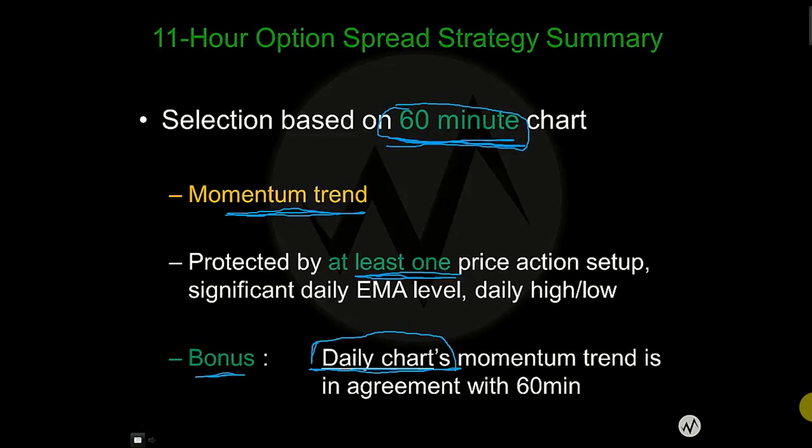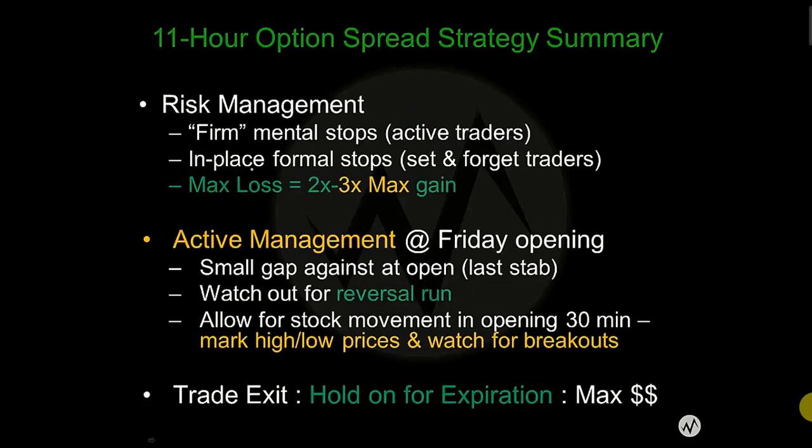All right, risk management, a very important aspect of what we're trying to do. For active traders that are in the market at the open on Friday, we want to use what I call firm mental stops. That means you don't necessarily put it into the system, but you better be sitting there at the open.